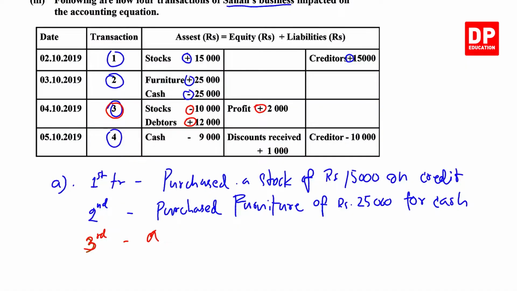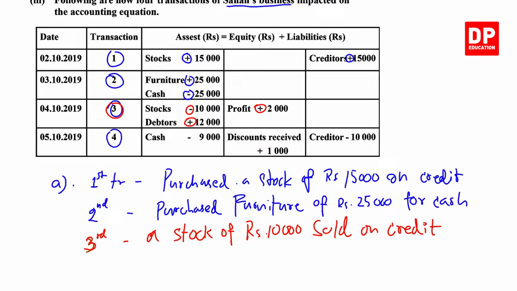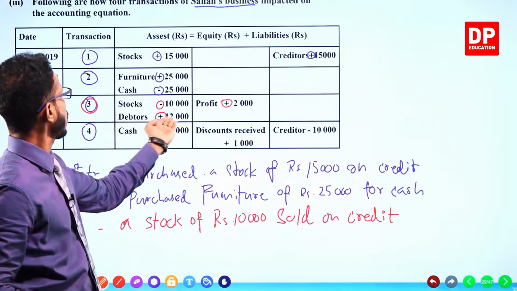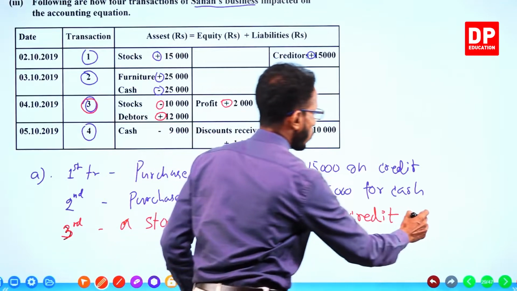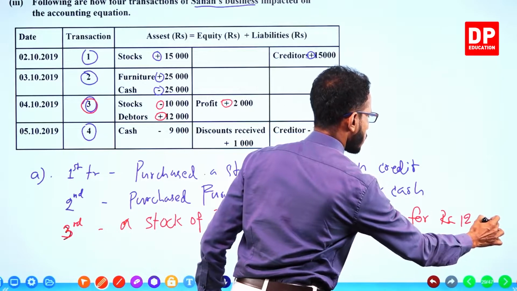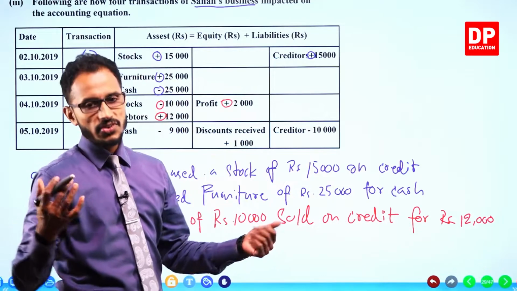A stock of rupees 10,000 sold on credit for rupees 12,000 with a profit of 2,000.